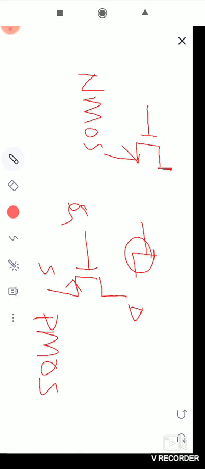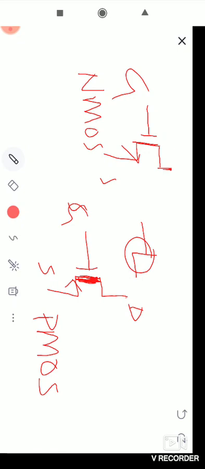For depletion mode, the thickness will be like this. Enhancement mode has only a single line.